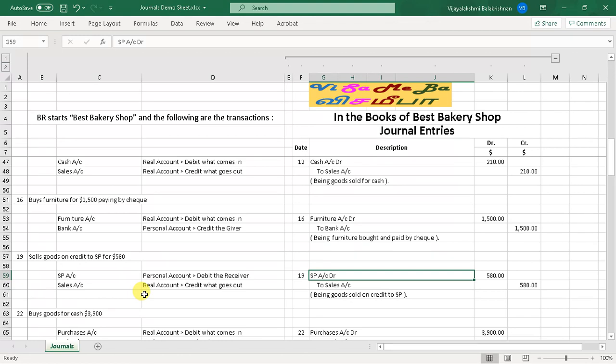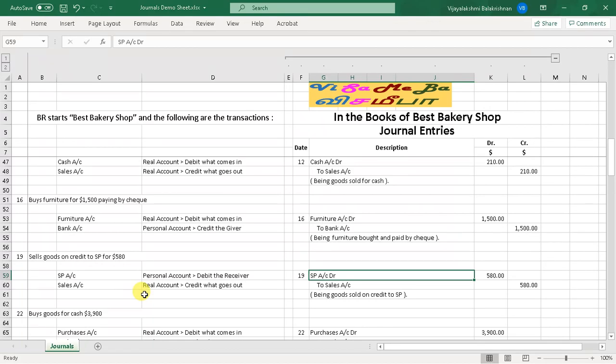So we have to bring in SP account in our books so that we are keeping track of how much he has paid and how much he's liable, how much is outstanding in his account, so that we can send reminders to him and get the payment on time as agreed.